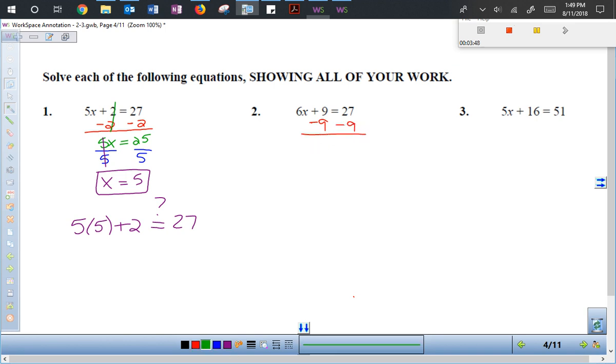When I subtract 9, I'm left with 6x over here, and 27 minus 9 is 18 over here. Now I can handle the multiplication or division. Since 6 is being multiplied by x, we're going to divide each side by 6, and I'm left with x equals 3.